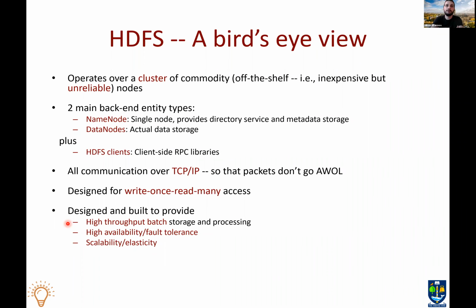These two practically map one-to-one to the two services we said earlier that you expect a distributed file system to give you, right? Data storage and a way of getting to that data. And then you have your HDFS clients, which are just client programs, user programs using the HDFS client library.